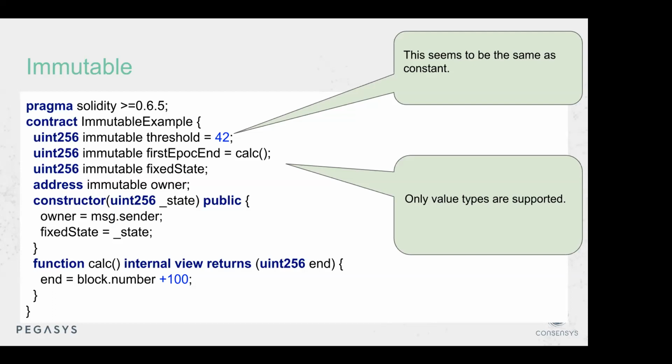So I'm not sure if there's any advantage of using immutable. In fact, I've got a feeling that it might be the same. It might be worse. You can also call a function to come up with the value for immutable. Or you can set it in the constructor, so fixed state.